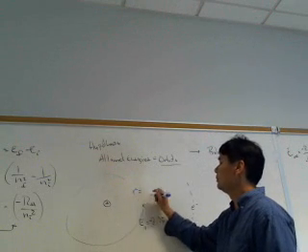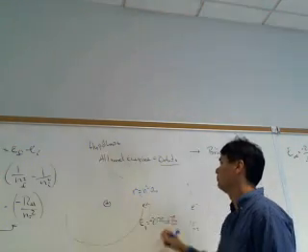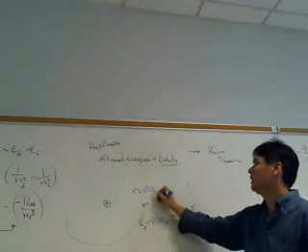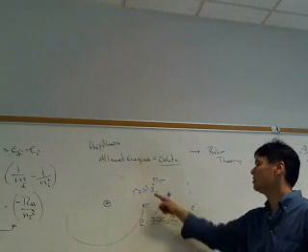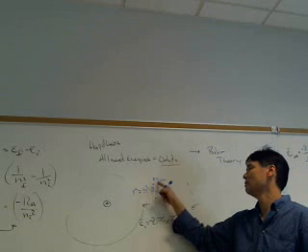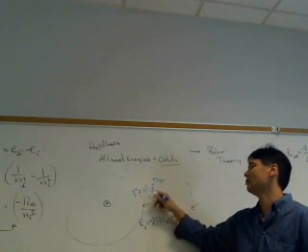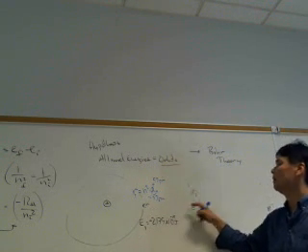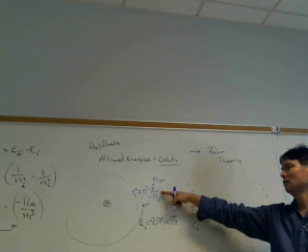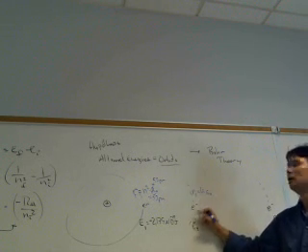The radius of the Bohr orbit comes out to n squared times a naught. And a naught is a constant. It's 53 picometers. And so the first orbit is 1 squared times 53 picometers, which is just 53 picometers. So R1 is 53 picometers. R2 is going to be 2 squared times 53 picometers. In other words, 4 times a naught.